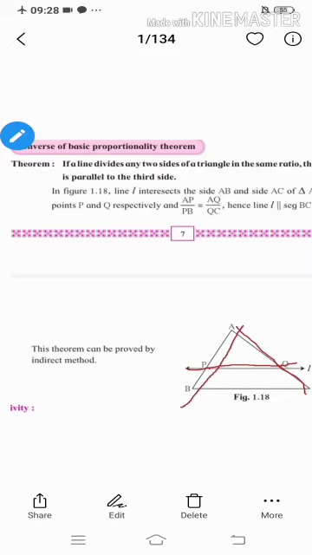When they divide at P and Q, then AP upon PB is equal to AQ upon QC by the BPT theorem. So when AP upon PB equals AQ upon QC, then line L is parallel to segment BC. So this has been proved.